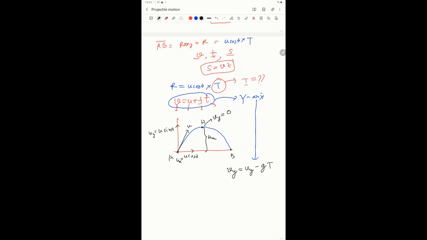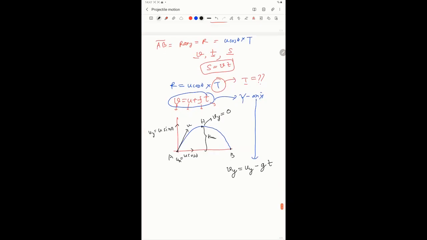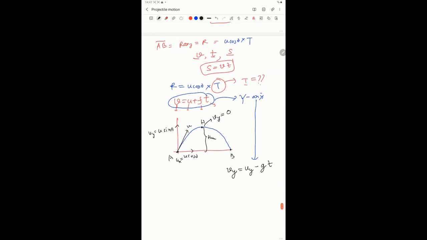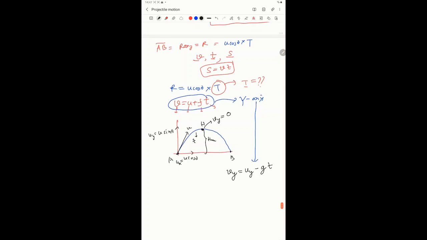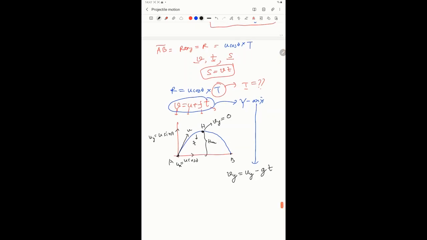We can take this traversing time as small t, the time the particle takes to go from a to h. This is not the total time from a to b; it is half of the time the particle is traversing.